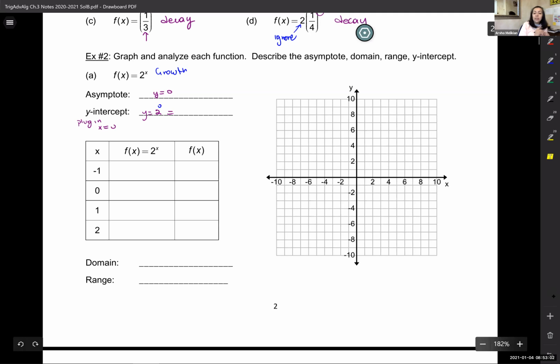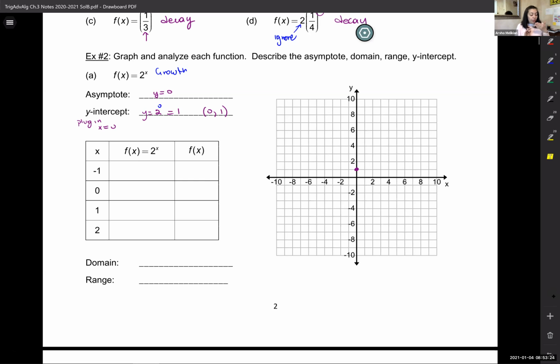Okay, so just put in 0 for x. And what's anything to the power of 0? 1, right? So the y-intercept is x is 0, y is 1. That's where the y-intercept is, right?